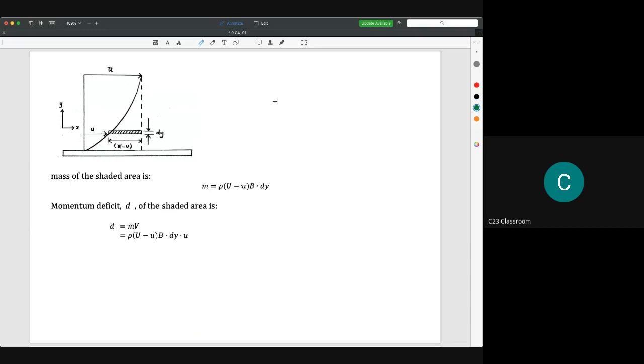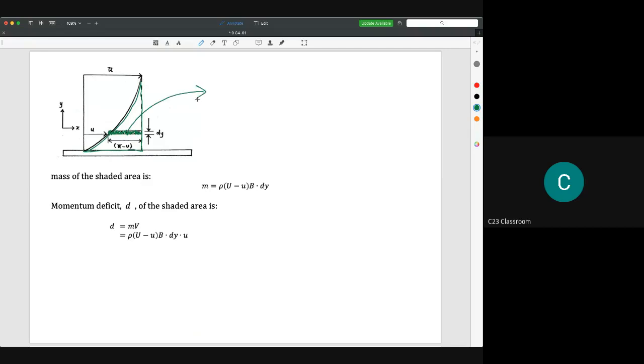We assume that we have a small strip here, because we want to calculate all the momentum for this area. Because this area is not linear, not constant, we should start our calculation with an integral. So we start to calculate the momentum for this small area.